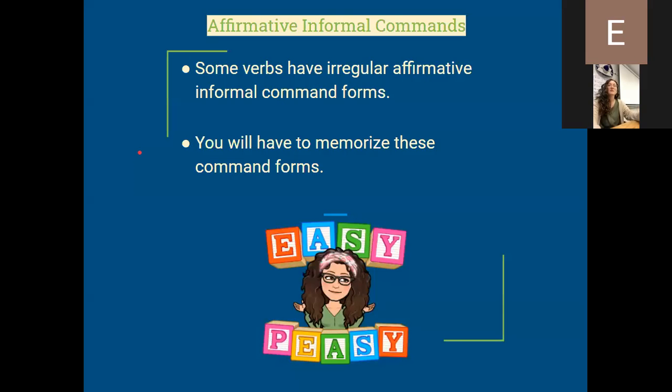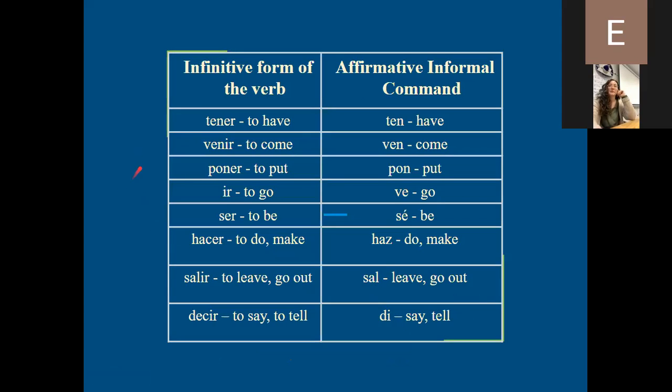So there are just a handful of verbs that have affirmative informal commands that are irregular. You do have to just memorize them straight up, but the good news is that some of them are easy peasy. Some of them are just shortened versions of the infinitive. Here we go.